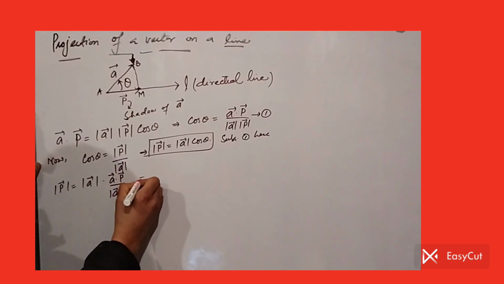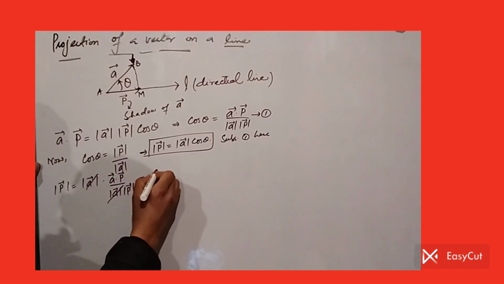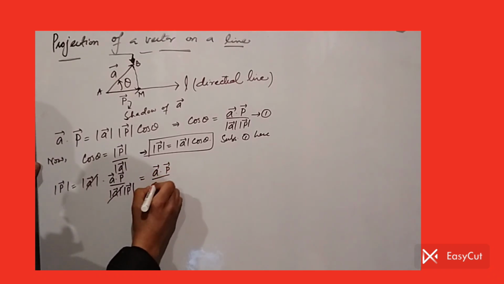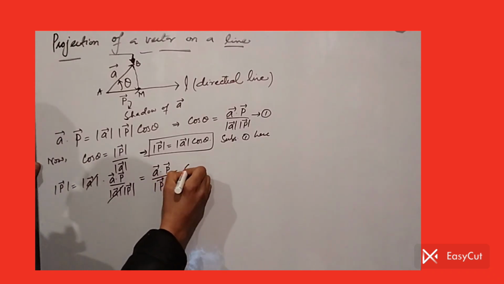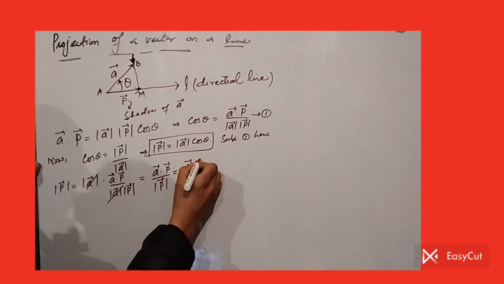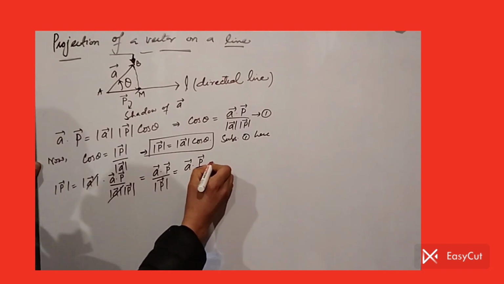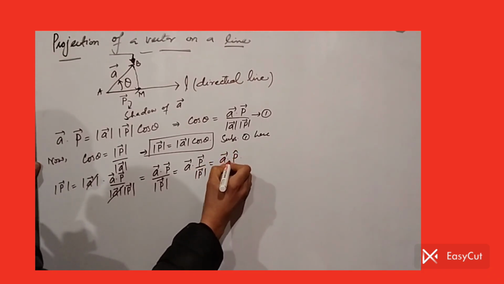Okay, this will cancel, and that is equal to a dot p divided by magnitude of p, which you can write like this: a dot unit vector p.